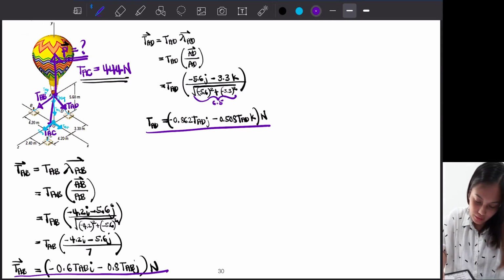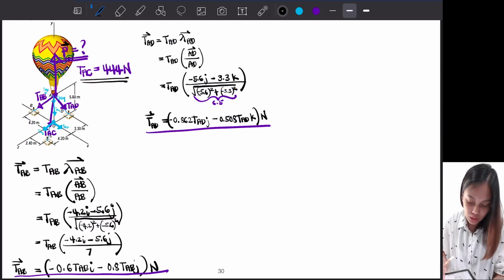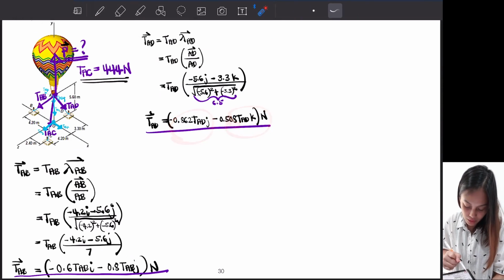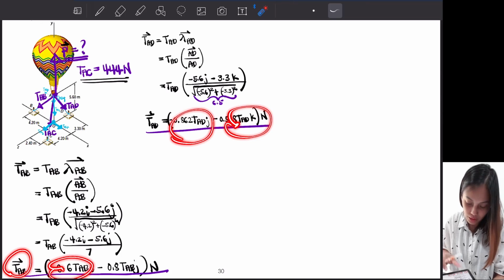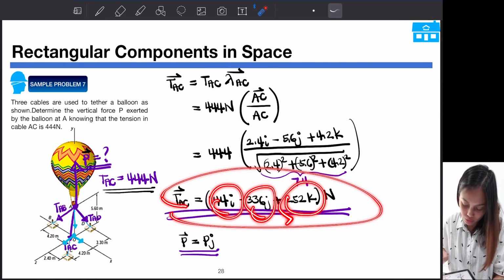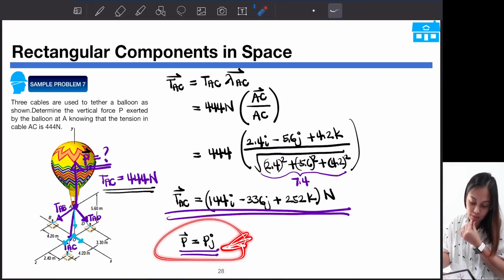So nanatay unit vector TAD, muna yung components along y and along z. Ang TAB yung component along x and along y. Tapos ang TAC x, y, z. Tapos ang ato ang unknown value ang force nga gi-exert sa balloon, which is yung component is along y lang.